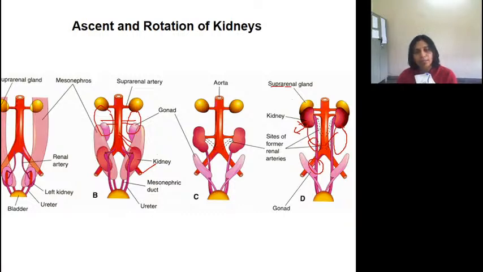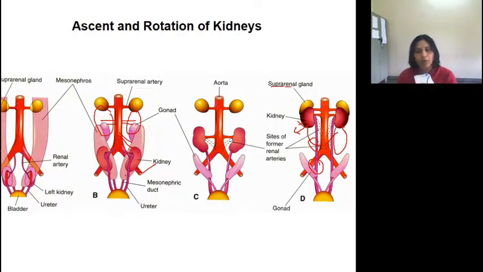Sometimes the mesonephros may be formed but the bladder will not be formed, and no ureteric bud. These abnormalities give rise to various abnormalities of the kidneys as well as the urinary bladder. And the urinary system is intimately associated with the development of the genital system.